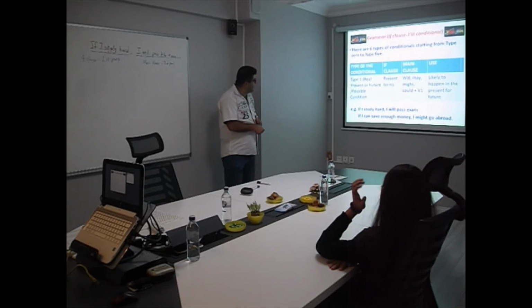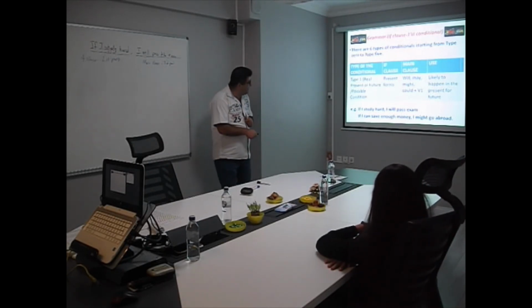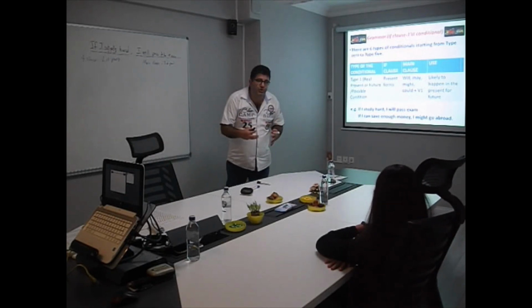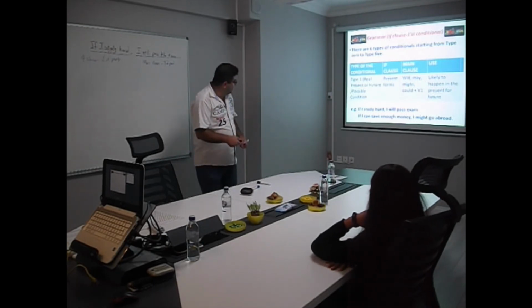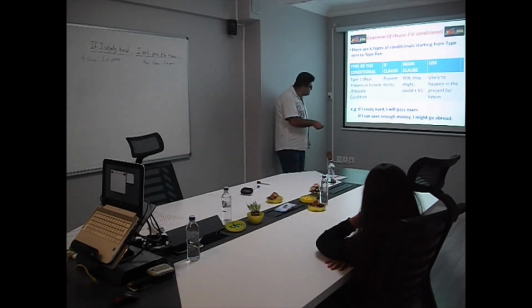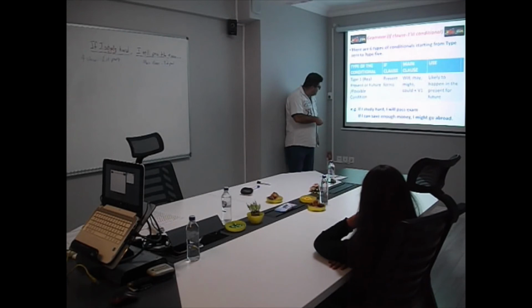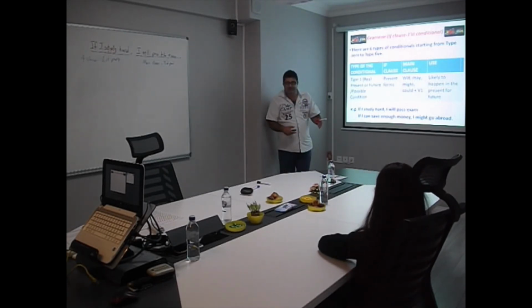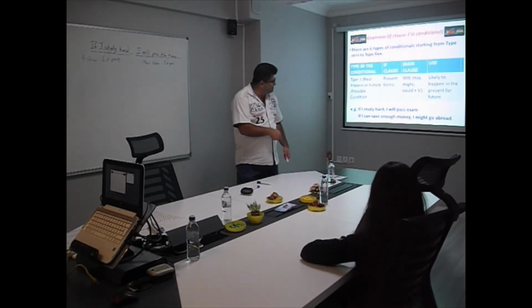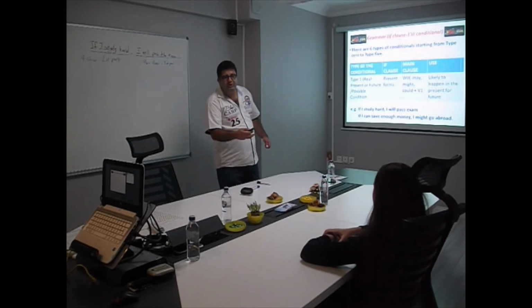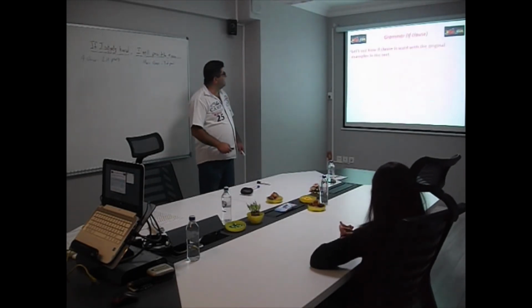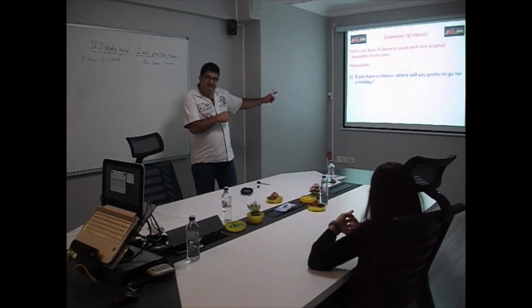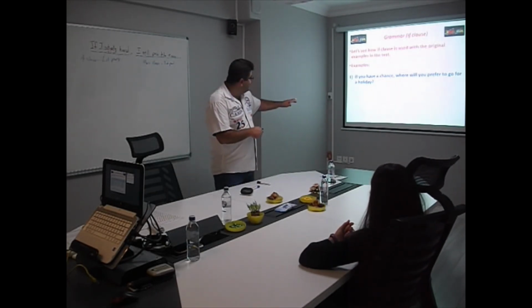Another example. If I can save enough money, I might go abroad. Look: if clause, main clause. In the if clause, it is a present form, and the second clause goes with might. Let's see the examples. These examples are in the text. Remember?